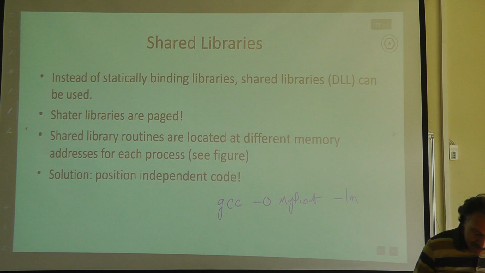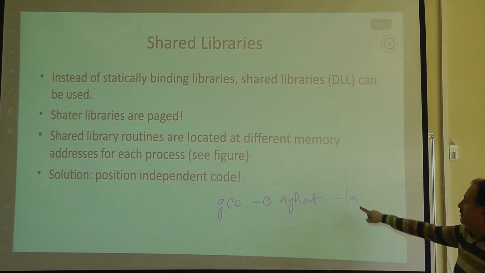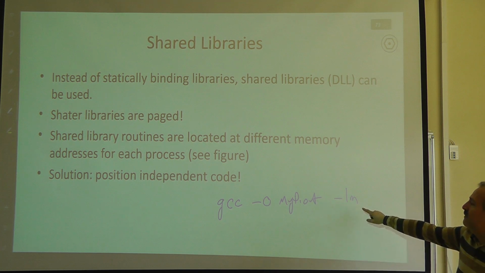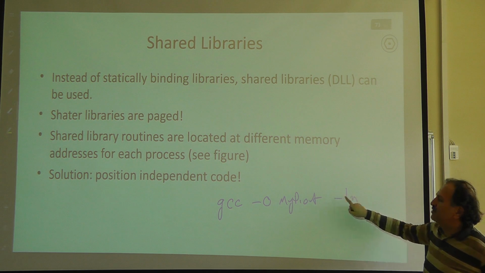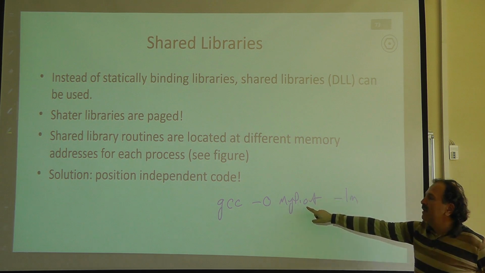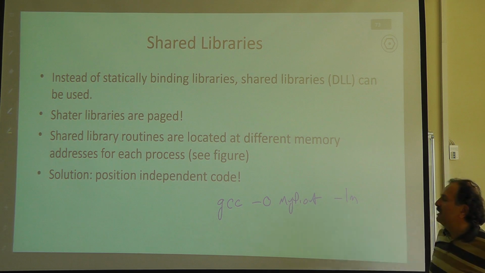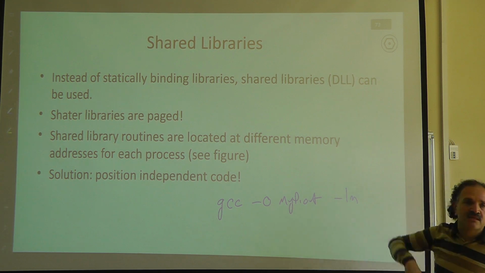What is -lm? It links the math library with my code, right? This one gets the math functions that I use in my program and links them in my program. And whenever I call them, they are already in my addressing space.